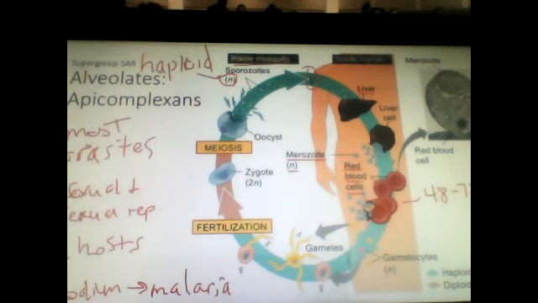During this time, this is when people start to feel the fever and chills that are characteristic of malaria while they're reproducing in the red blood cells.